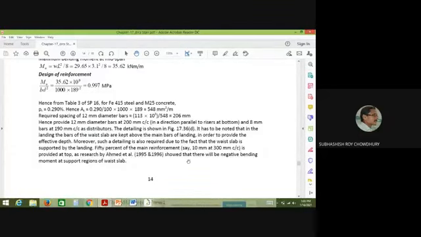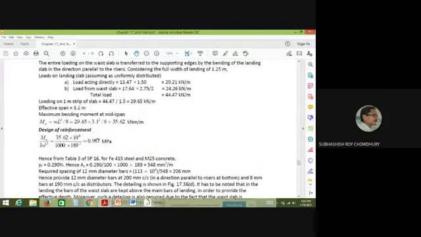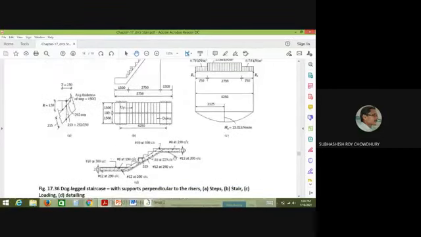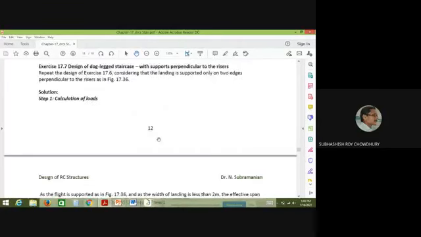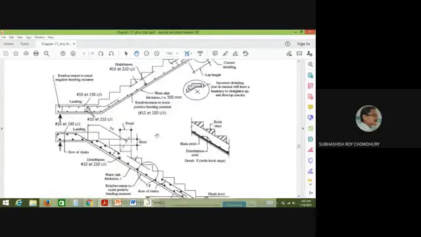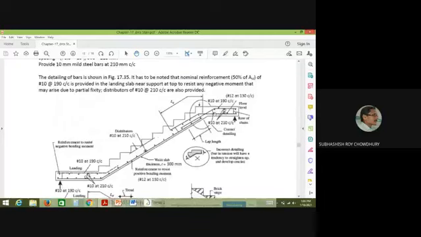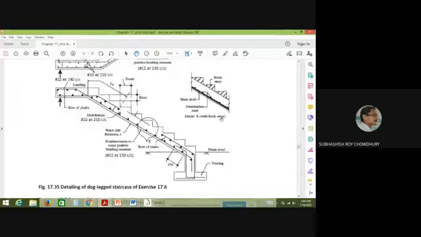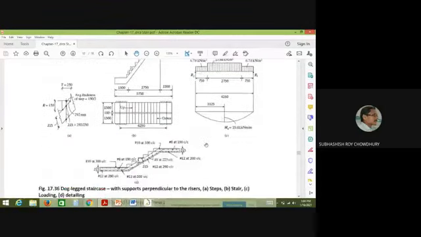Okay, etc. So actually here you must note that unlike the previous problem, these are the distribution bars. Okay, please consider these dots. So these are the distribution bars. Okay, but here these are not the distribution bars.